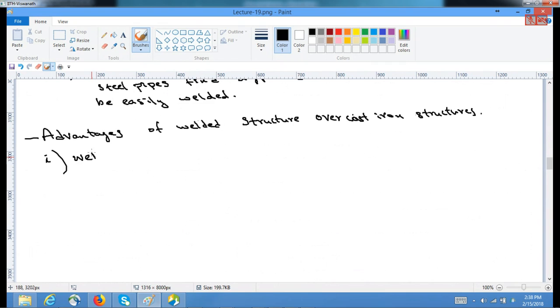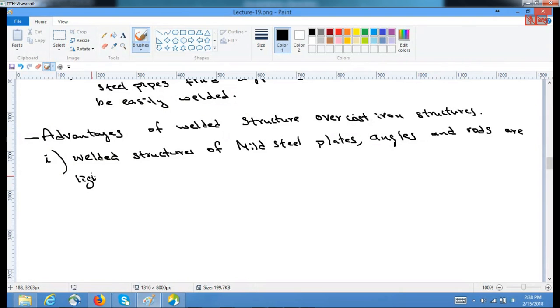Generally, welded mild steel plates, angles, and rods are much lighter than the casted or cast steel.